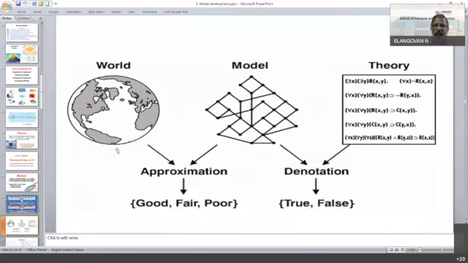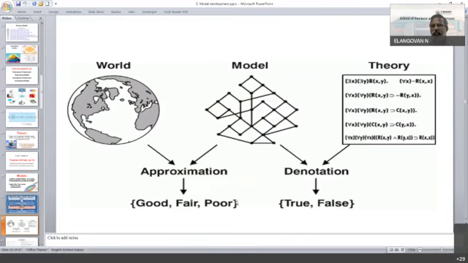So again, finding out the relationship between the real world, the theory, and the model. This is how it is connected. The model is an approximation of the real world, whereas theory is a denotation of the real world.